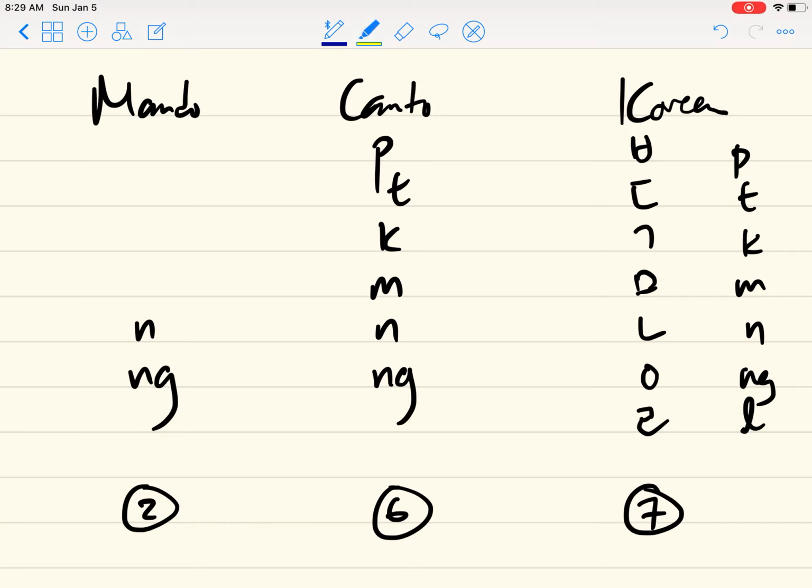And so what's interesting about Cantonese is that it preserves Middle Chinese end consonants, just like Korean does. In modern Mandarin, you only have 2 end consonants, the N sound or a nasal NG sound. So for example, you have something like shan for mountain, or shang, the ang sound, for up. But in Cantonese, you have 6: a P, T, K, M, N, and NG sound.